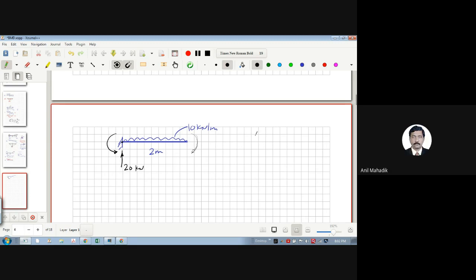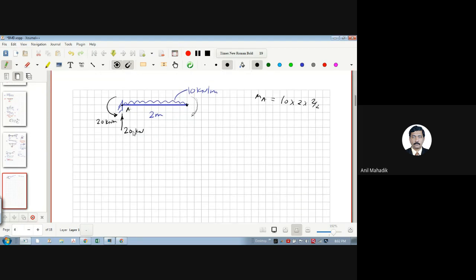So the moment at A will be, if you want, calculate it: clockwise is positive, 10 into 2 into 2/2, so 20 only. This will be 20 kilonewton meter. And how much moment will be here? 0. So if I draw the bending moment diagram, first we will find the shear force.